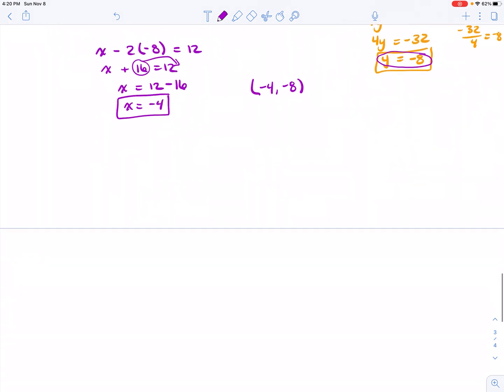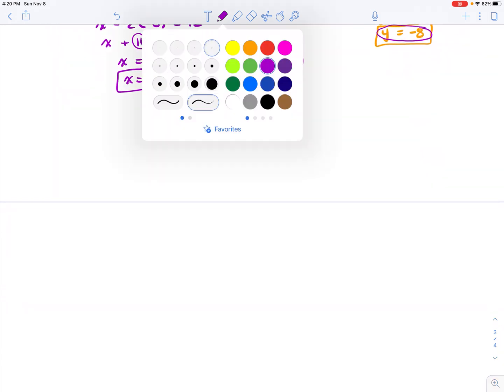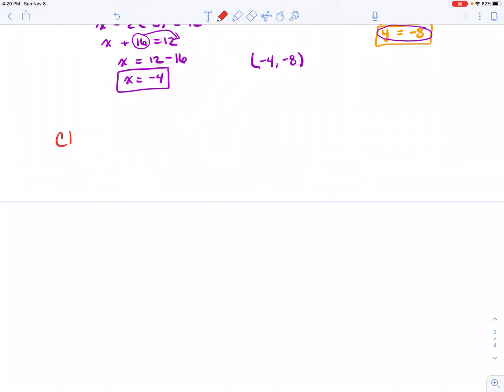How do I know that I am correct? I need to do my check. The same way I found out that Spencer was not correct, I performed my check. I'm inputting my x equals negative 4 and y equals negative 8 into each of the equations, seeing if my left side equals my right side.